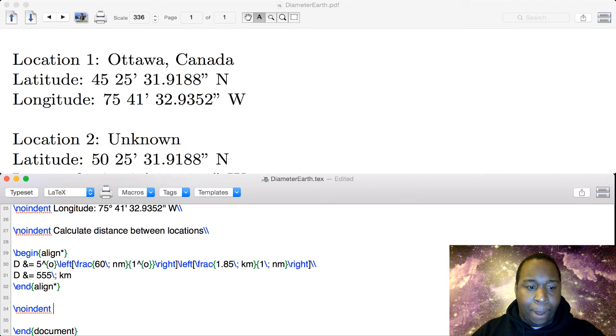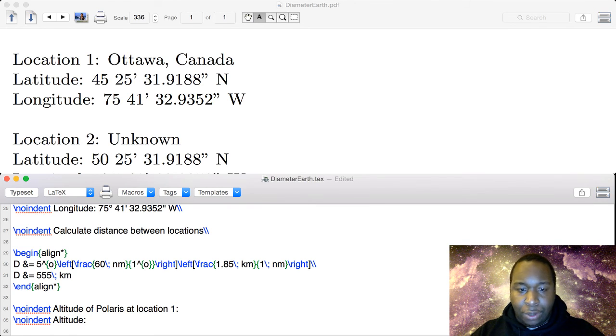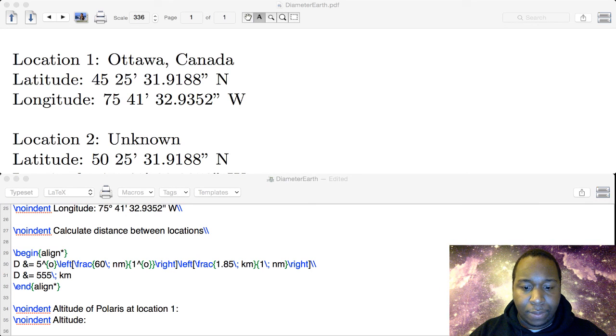All right, so the elevation angle or altitude of Polaris at location 1. We get an altitude measurement of 45, 30, 56.